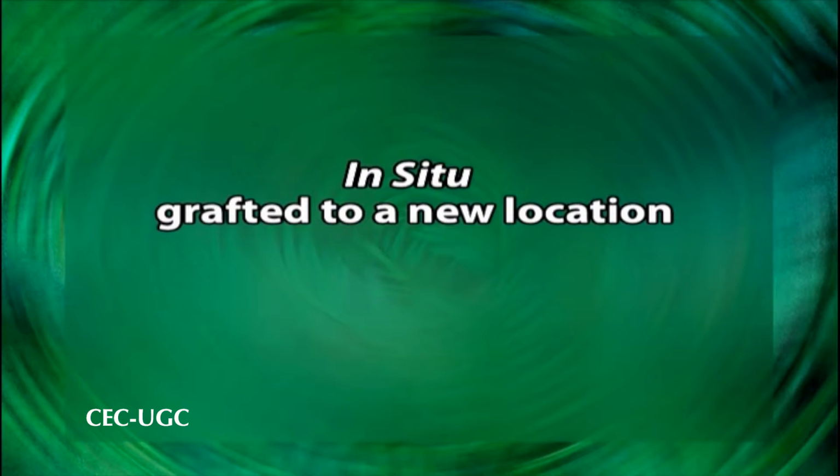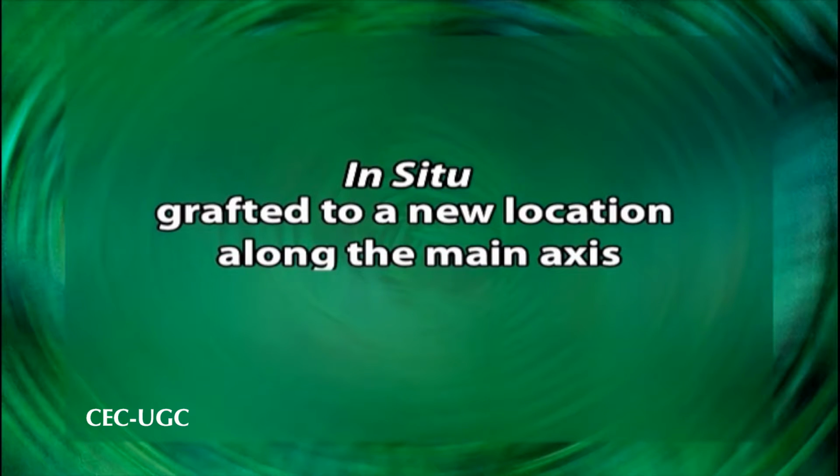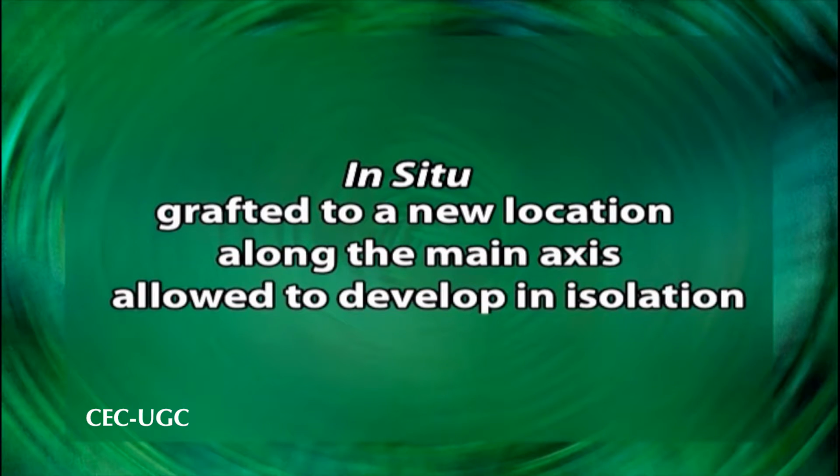In general, a bud is considered to be florally determined if it produces the same number of vegetative nodes prior to flowering, whether it grows in situ, is grafted to a new location along the main axis of the stem, or is allowed to develop in isolation. Shoot apical meristems become florally determined prior to actual flower development.